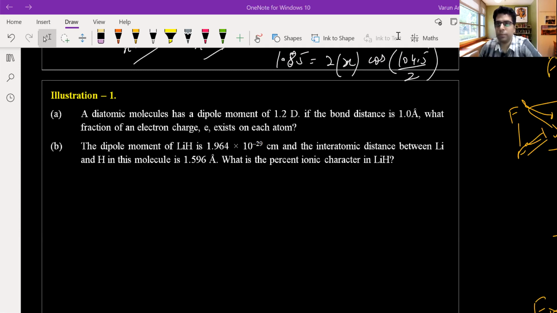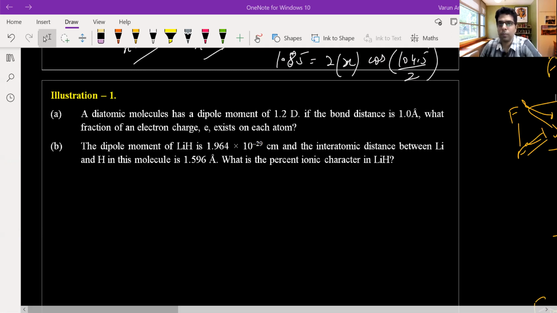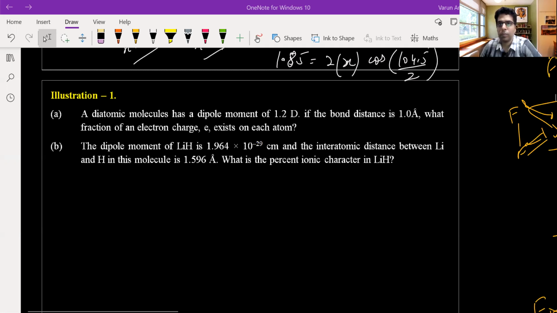So let me take the attendance now. There are a total of 23 participants, so excluding me, 22 students.